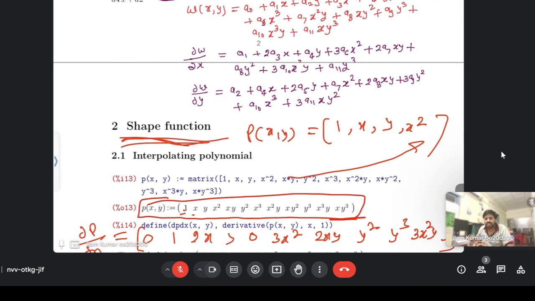Then I realized that all are related. The first time I thought this was a different subject and that was a different subject. Normally in our UG we do not go into that much depth, so when we come directly to PG, we think CSD is different and FEM is different.